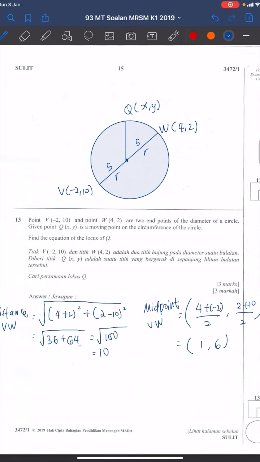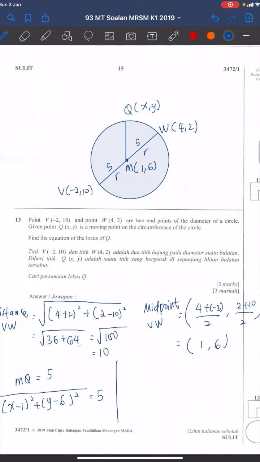Okay, so contoh ni saya letak M lah midpoint. So MQ, the distance is 5. So what is the distance between M and Q? Kita cari square root of. M ni tadi adalah 1, 6. So, square root of X minus 1 square plus Y minus 6 square is equals to 5.